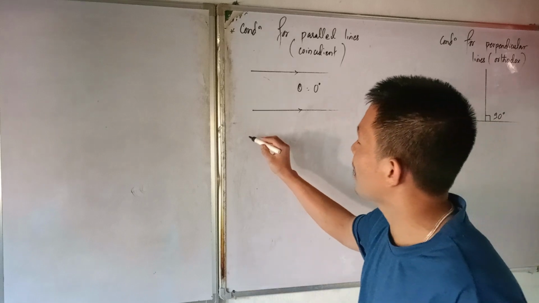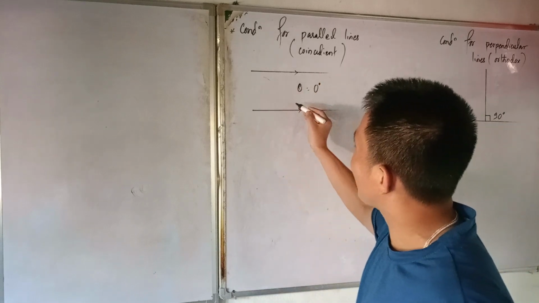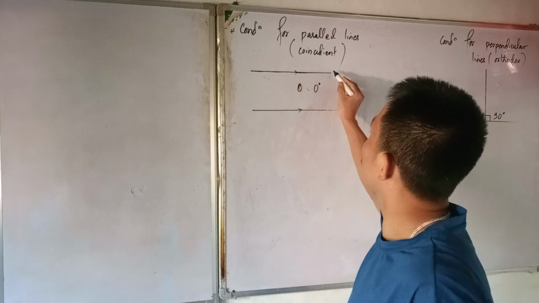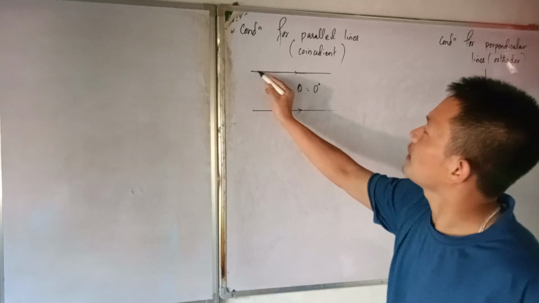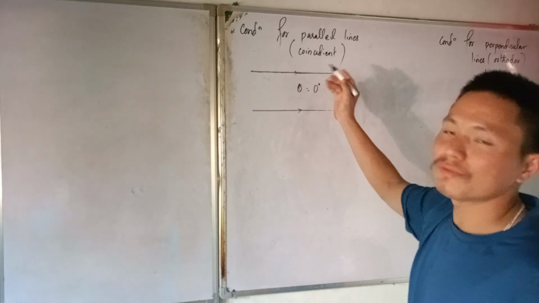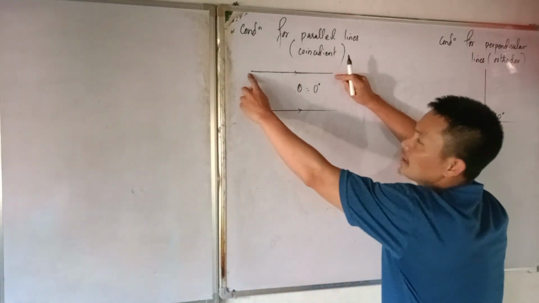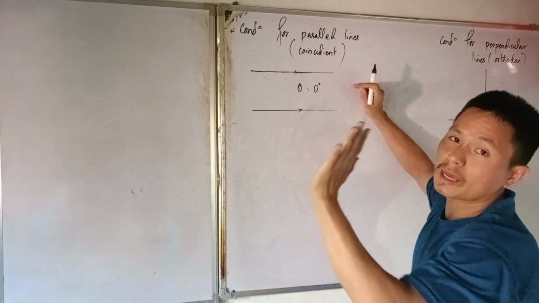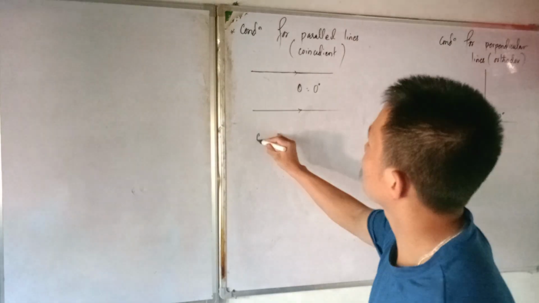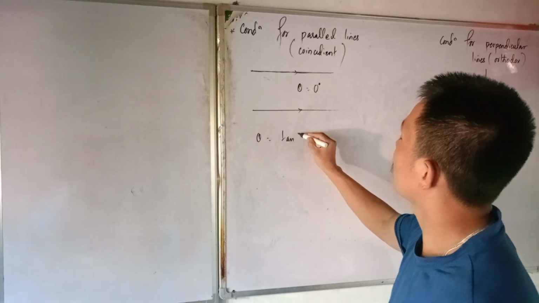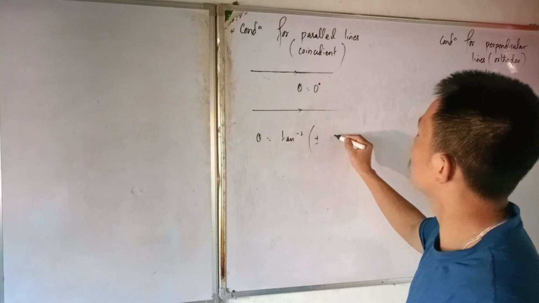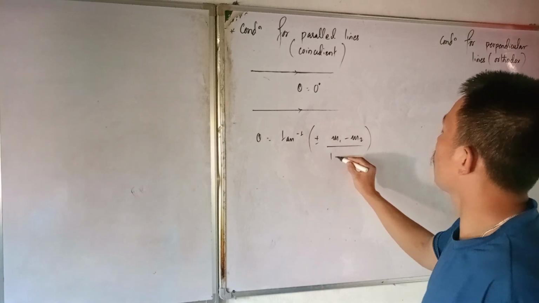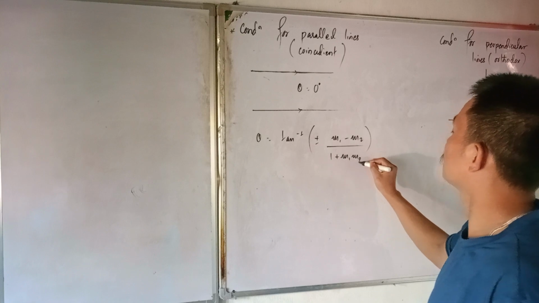In the case where one line is coincident, meaning it is on the same line as the first line, theta will also be 0. And we also know that theta equals tan inverse of plus minus m1 minus m2 divided by 1 plus m1 m2.